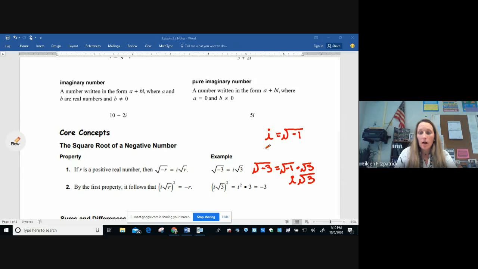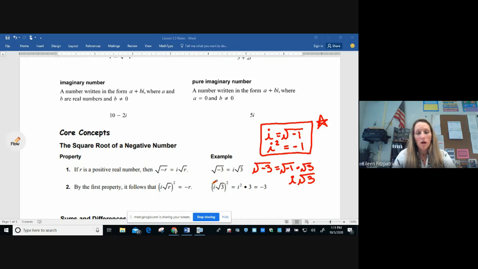So it's important to know that i is equal to the square root of -1. If I square i, I'd square the other side too. i squared is equal to -1. This is going to be an important fact throughout this lesson. By the first property, it follows that i root r, squared, is equal to -r.